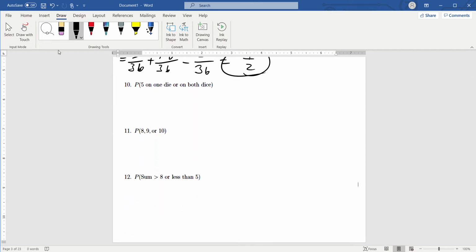Now here you have a 5 on one die or on both dice. Okay, so first probability 5 on one die plus 5 on both, and then I'll have to subtract the probability 5 on one and 5 on both.